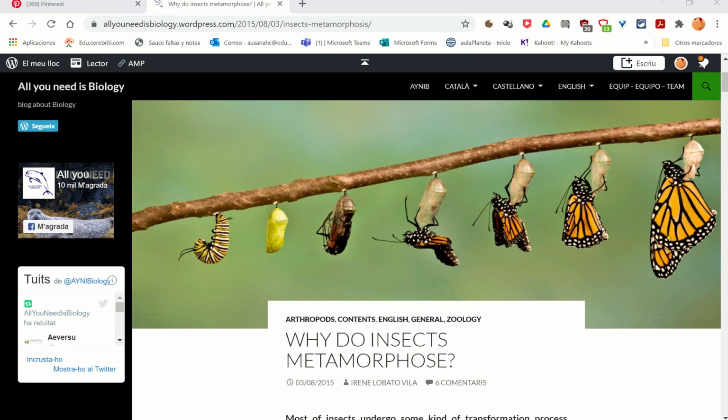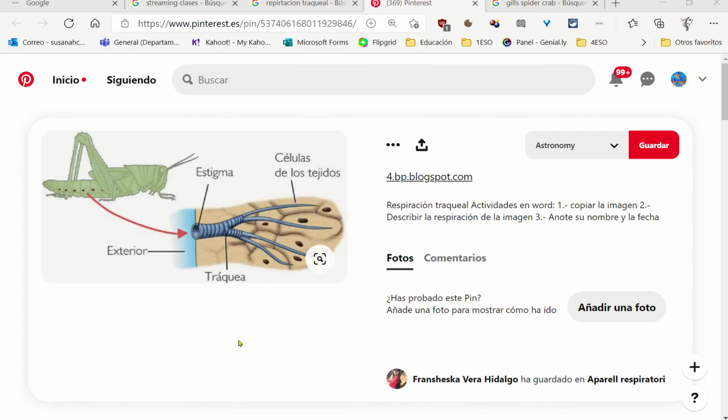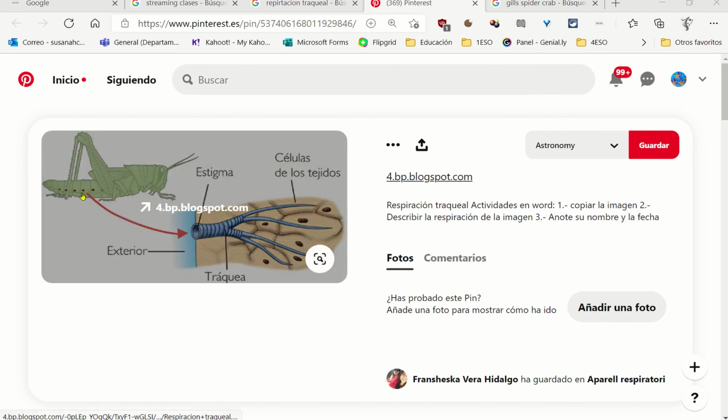So the life of a butterfly is short, the life of a cocoon pupa is not very long, and the life of a caterpillar is the longest. Breathing. Terrestrial animals have some holes in the exoskeleton, and these holes connect with some kind of trachea.